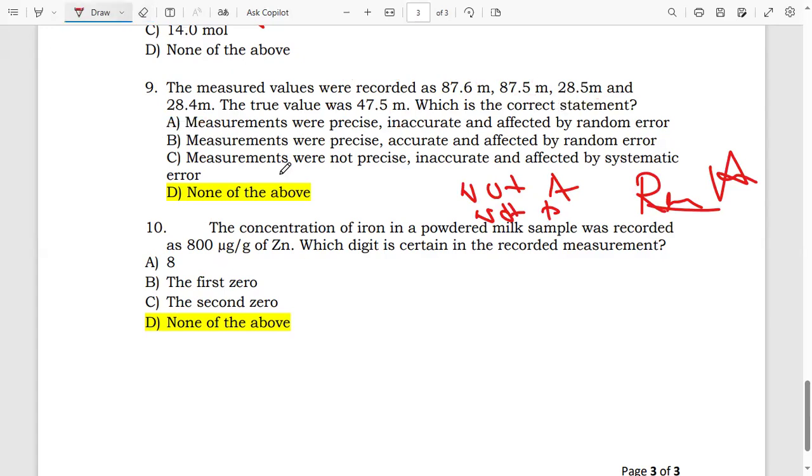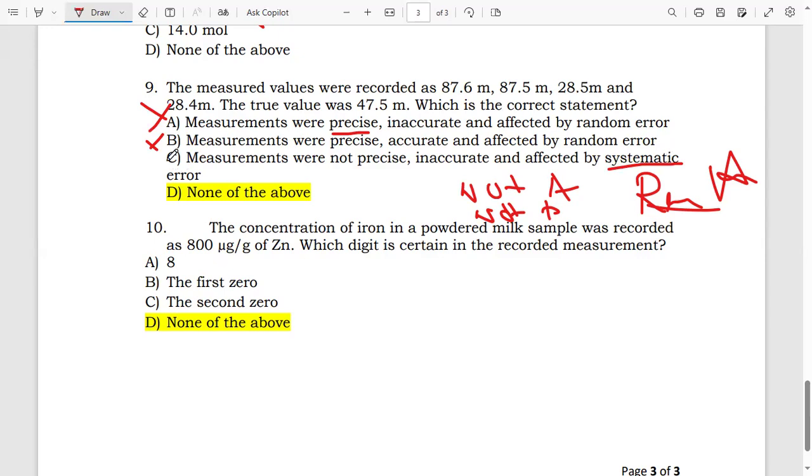A says the measurements were precise, so just by this statement, A is wrong. B says the measurements were precise again, wrong. And C says the measurements were not precise, that's good, and inaccurate, that's good, and affected by systematic errors. That is the wrong thing there, because we determined that these were affected by random errors.